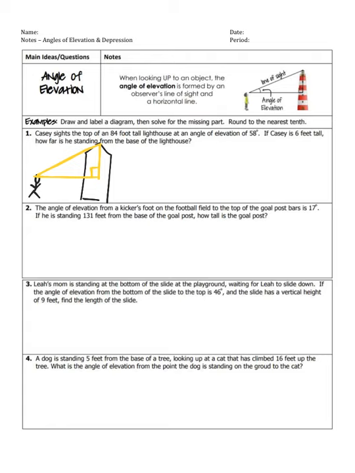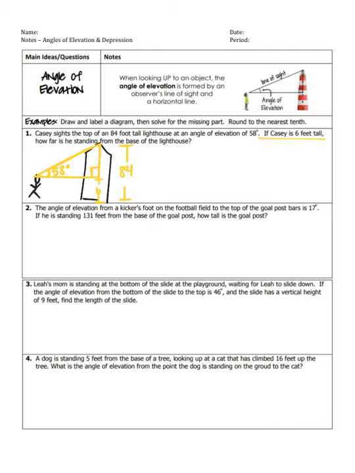So if you notice, our right triangle is kind of floating above the ground on this one. So the angle of elevation would be this angle right here. That is 58 degrees. And then the other part that's important is that Casey is 6 feet tall. Okay, Casey is 6 feet tall. The lighthouse is 84 feet tall. So this is 84 feet, but this part right here is 6.